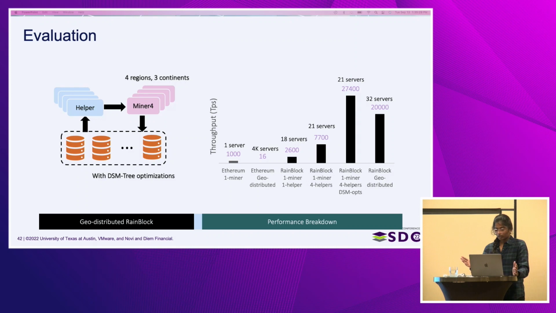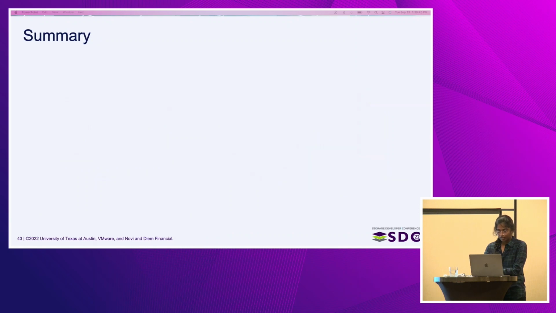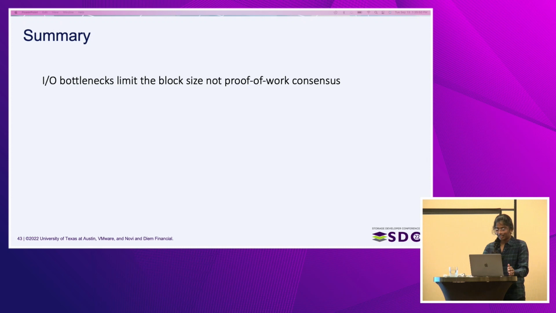Overall, this work shows how a small percentage of extra hardware and careful design of the architecture allows orders of magnitude of improvement in the end-to-end transaction throughput of public blockchains. So in summary, RainBlock builds on the main insight that it is I/O bottlenecks that limit the block size and not proof of work consensus.